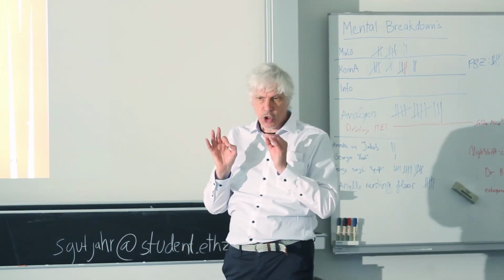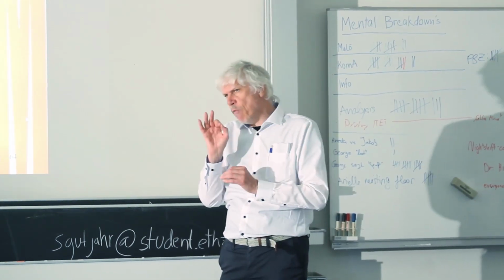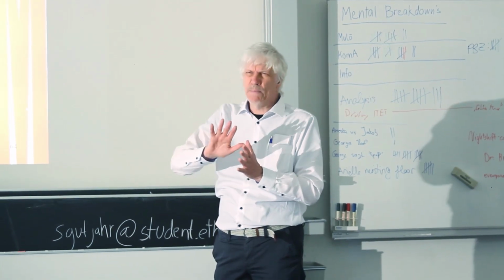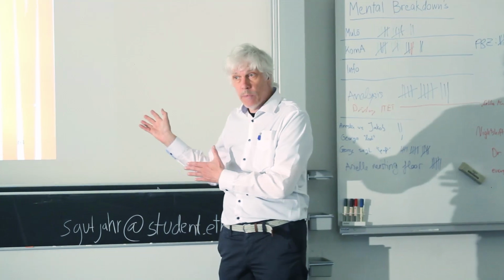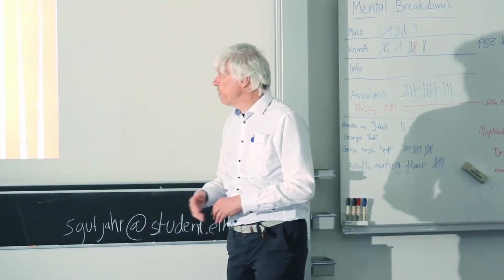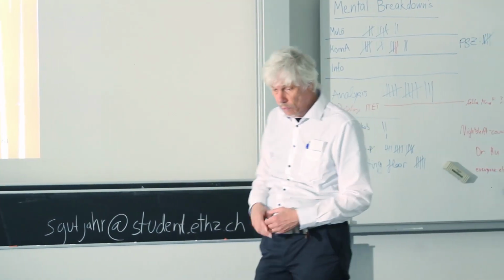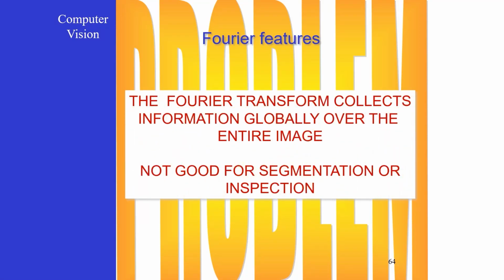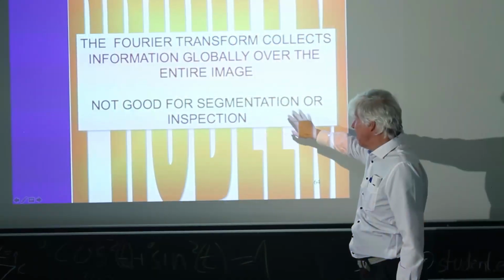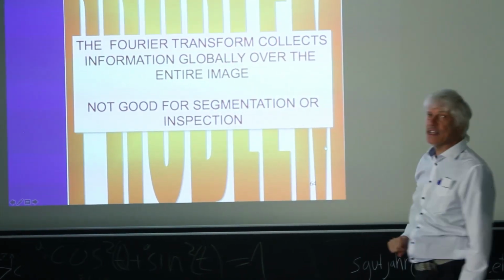So no localization, that is the issue. So as soon as you have more than one texture, you would want to segment different textures and describe the individual textures. It's a problem. You don't get there. The Fourier transform does not allow it. It's global. The Fourier transform collects information globally over the entire image and therefore is not good for segmentation or inspection.